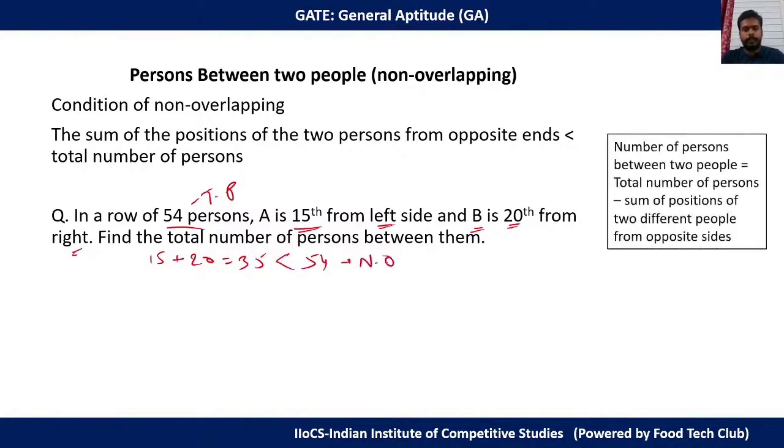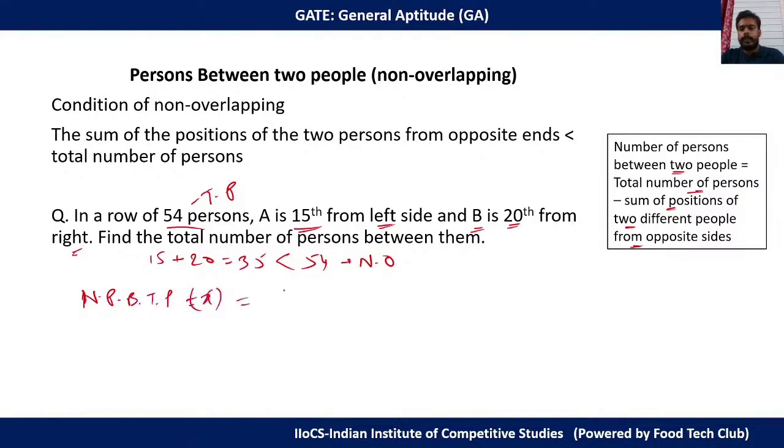So in that case, which formula will we use? Number of persons between two people is equal to total number of persons minus sum of positions of two different people from opposite sides. Simple. Let me write the number of persons between as x.